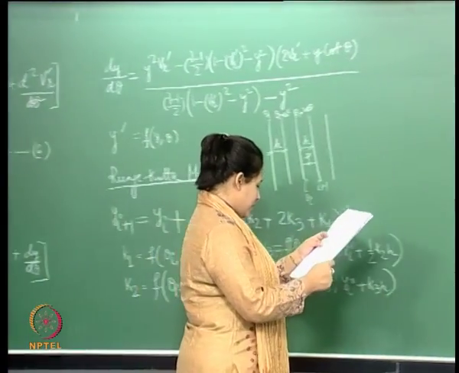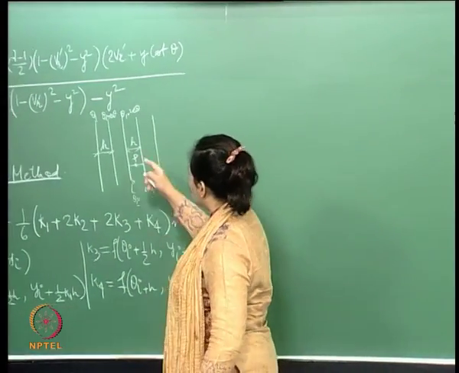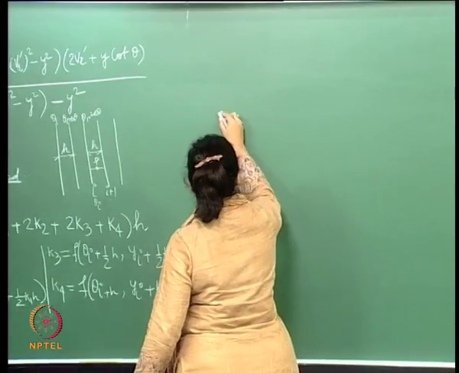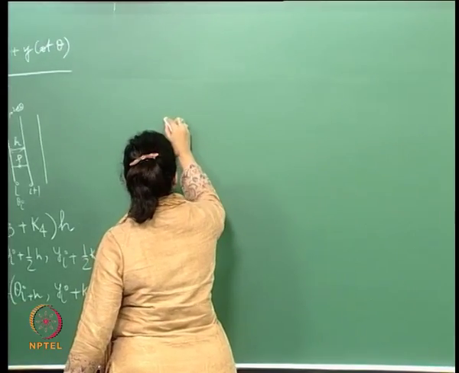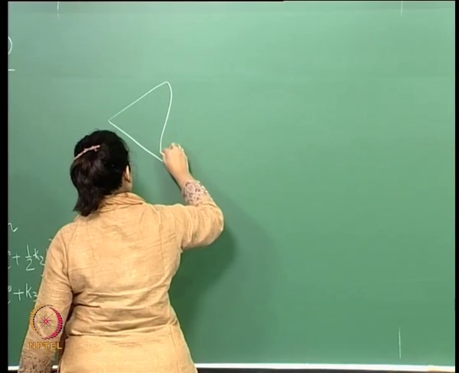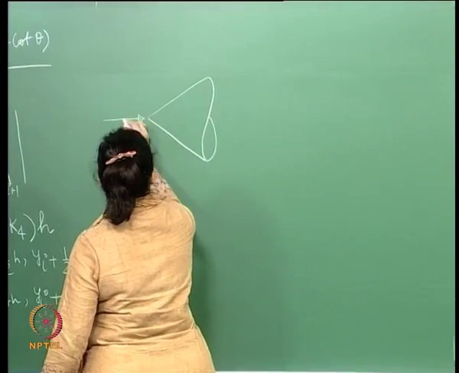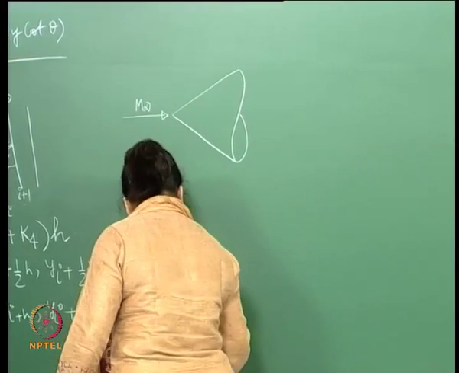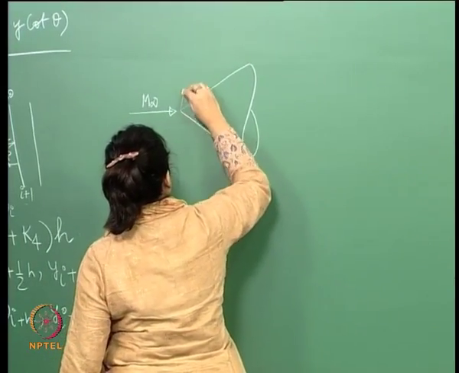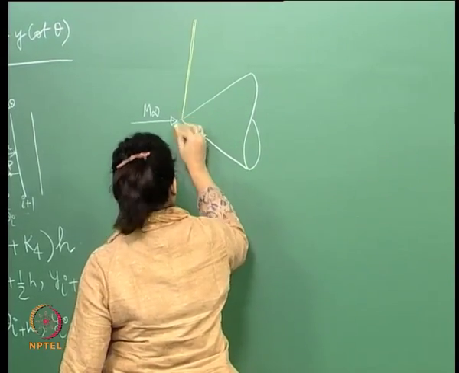Now, what is this theta in this particular case? If you remember what we did last lecture, essentially what we have is our cone, and we have a free stream which is coming in, and this is our shock wave.